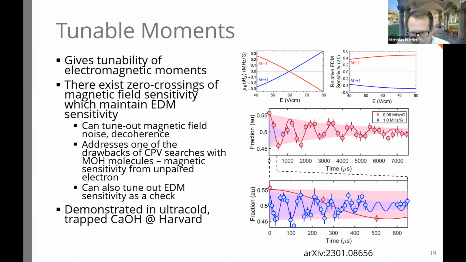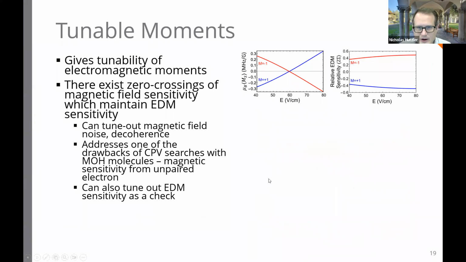You can laser cool them, polarize them in small fields, and tune their electric and magnetic moments, all of which are very useful for CP violation searches. So this is an active area of research, and now I'll continue right where I left off.